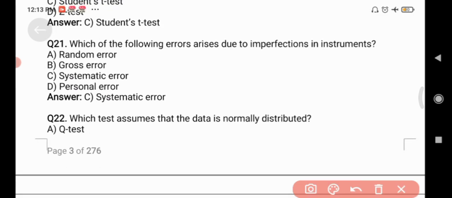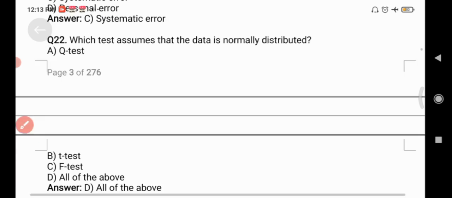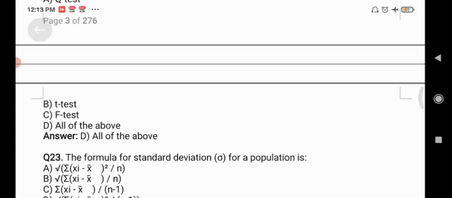Which of the following errors arises due to imperfections in instruments? Option C, systematic error. Which test assumes that the data is normally distributed? Option D, all of the above.